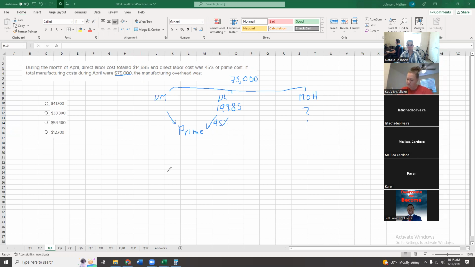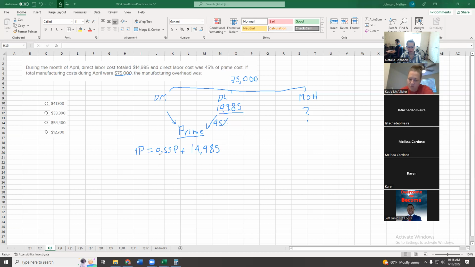So this one is mostly algebra. We first need to find the total prime cost. Let's say that prime cost is P. So 100% of prime is 55% direct materials, so 0.55 prime, plus 45% direct labor, but we already have this number, so we can just use 14,985.